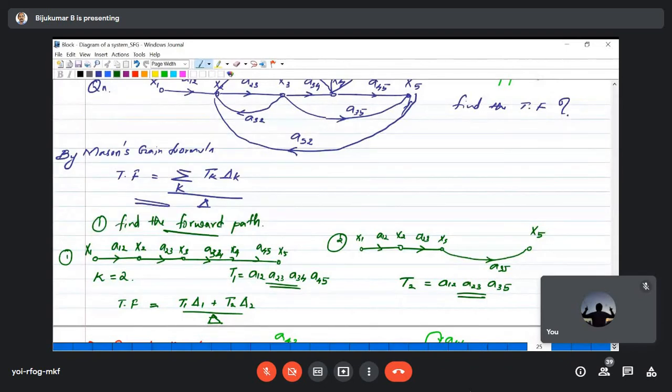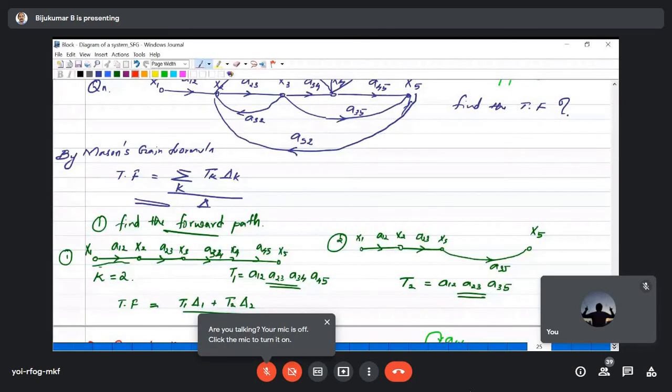So if you take the first forward path from S1 to S2, so this is our first forward path.